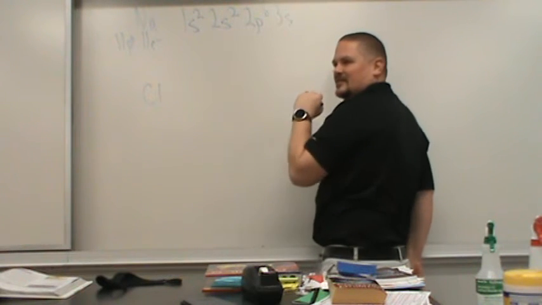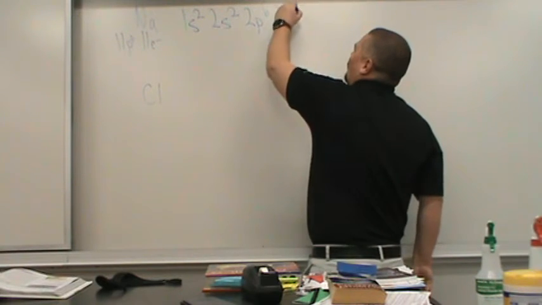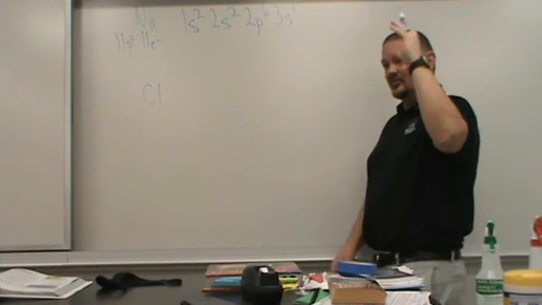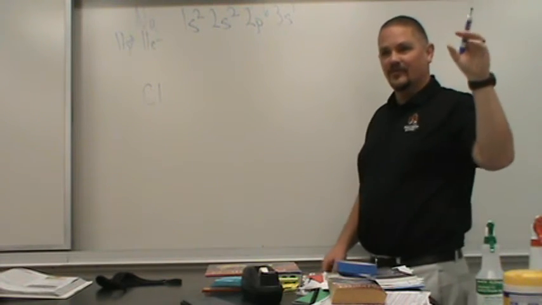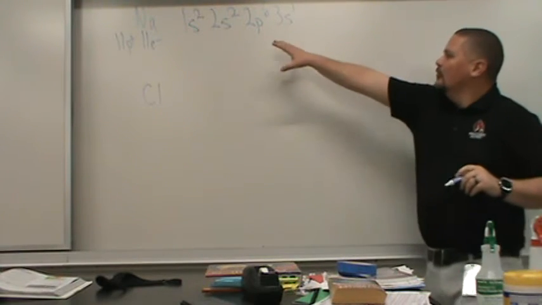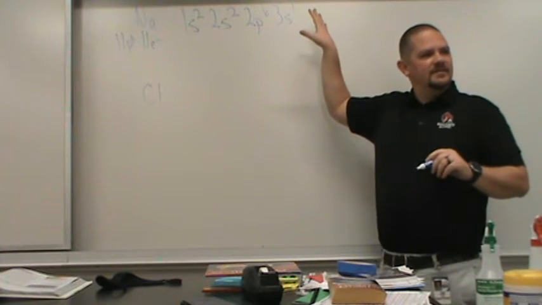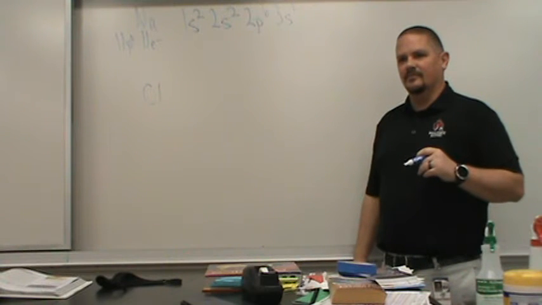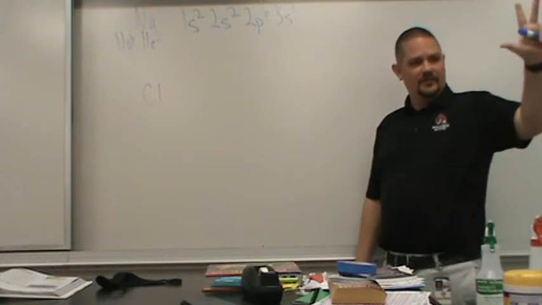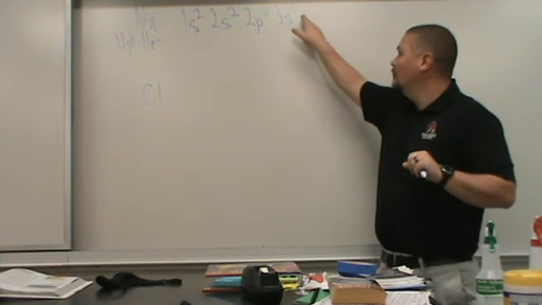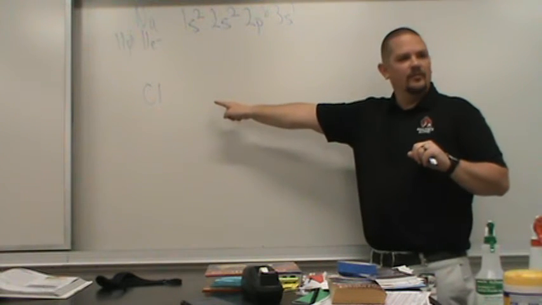How many electrons there? 1. Okay, because sodium's in that third row, starts the third row. So 3s1. Now, looking at the electron configuration, what is the highest or the outermost energy level you see? 3. Okay, how many electrons do we have in the 3s? 1 electron.